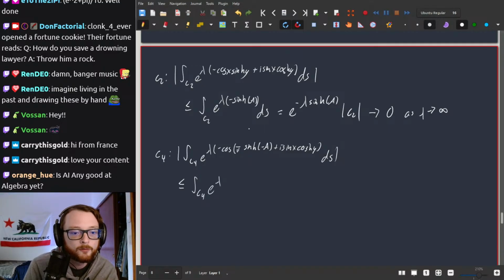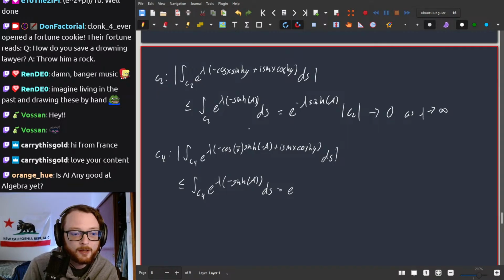E to the lambda. So cosine of pi is -1. Since it's an odd function, we get 3 negatives. Oh my gosh, okay. We get the exact same thing.